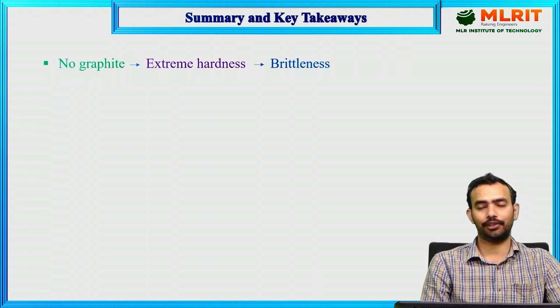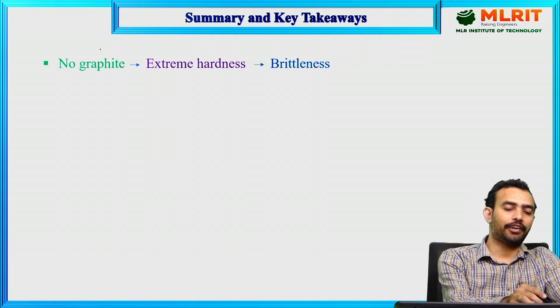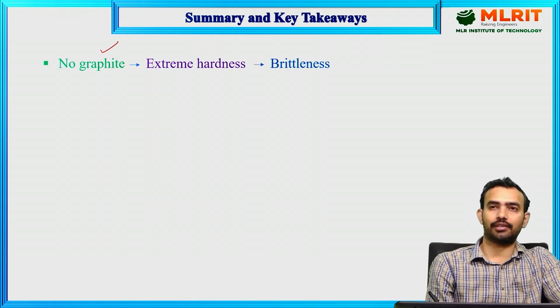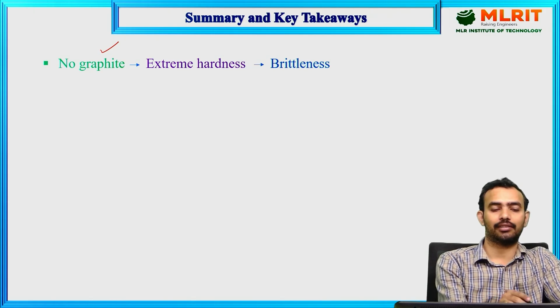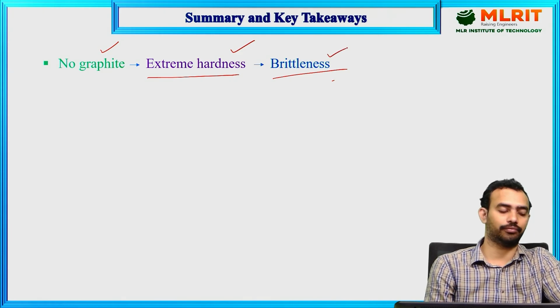So if you look at the summary of what we have discussed, since there is no graphite here and carbon is present in the form of cementite, you can find extreme hardness in the material, and it comes with a cost of brittleness, which is undesirable.